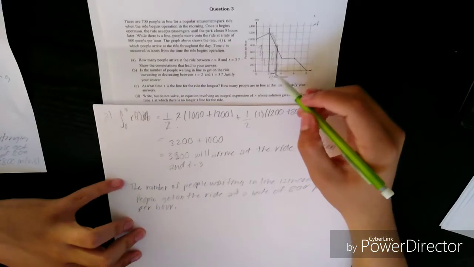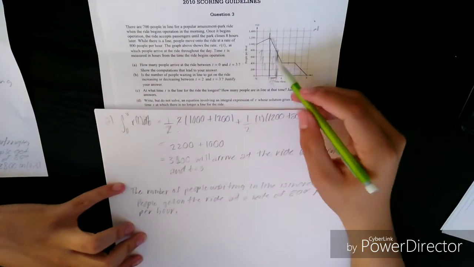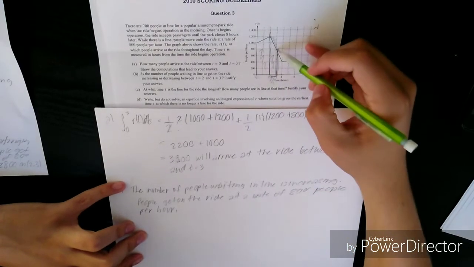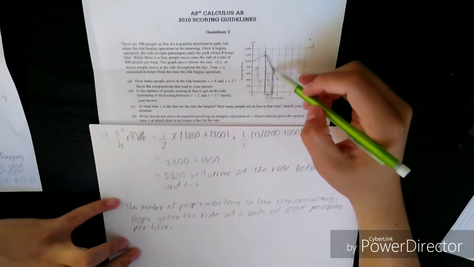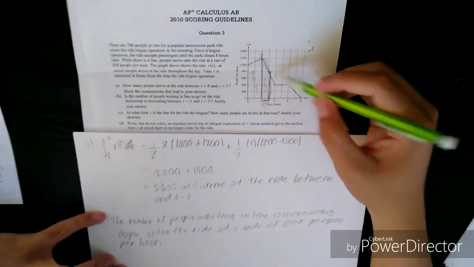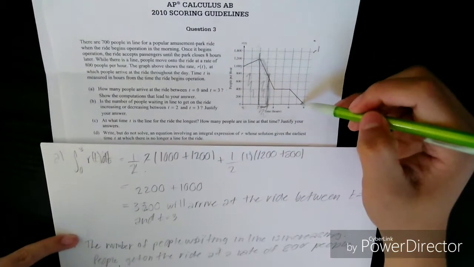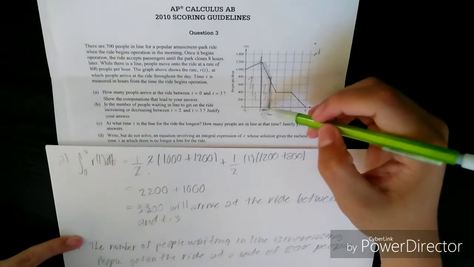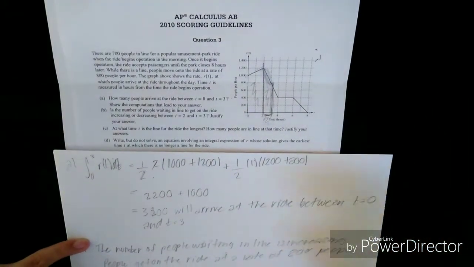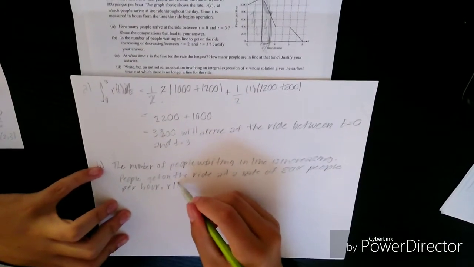And we know that R of t is greater than 800 on our interval 2 to 3. We know that it's greater than 800, so that means that the people are going to be increasing in line. Now, if we were to ask, for example, from 3 to 8, we know that it would be decreasing, but since it's asking only from 2 to 3, we know that it is greater than 800, so that is why the people will be increasing on the line.